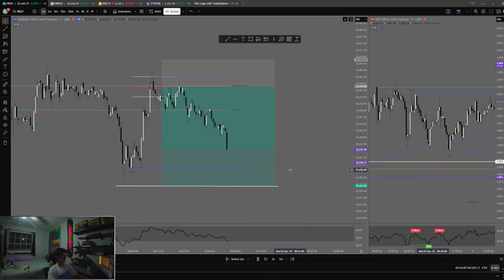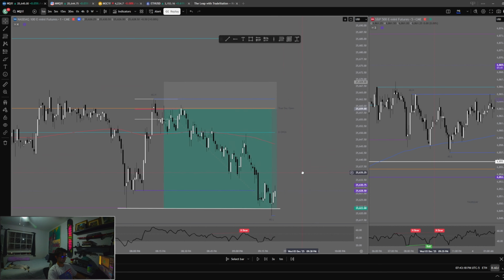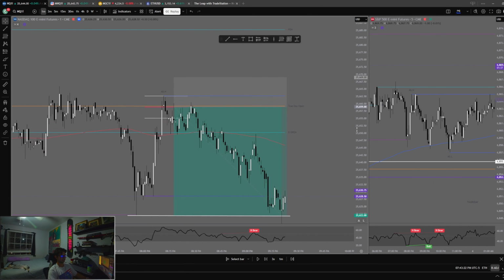Chop chop chop. Right there. So yeah, 9:20 is when we exited. So it was literally just over an hour sitting in this trade.